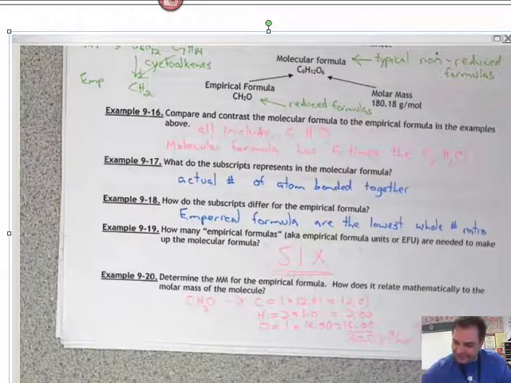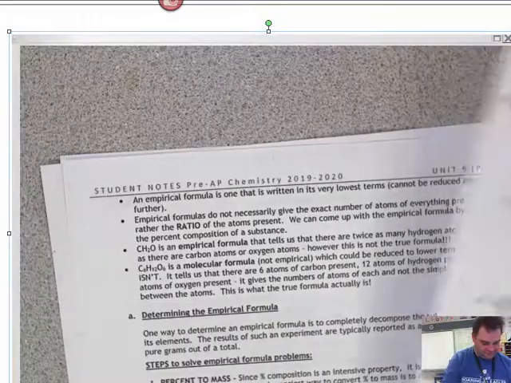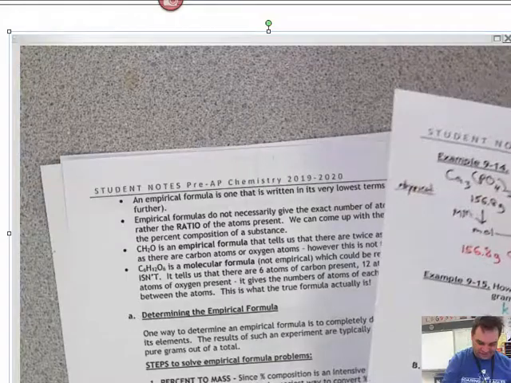Moving on to the next example. Okay. How does it mathematically relate to the molecule here?